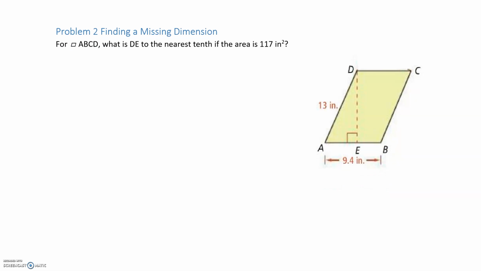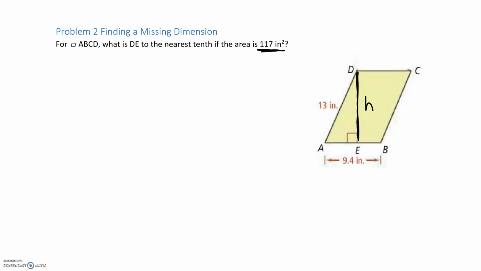So here we are going to find our missing dimension. Our missing dimension is either going to be our base or our height. We don't know which one. So the first thing it gives us, we want to know what the length of DE is. So DE is this altitude right here, which means we're missing our height. And it gives us that the area is 117.